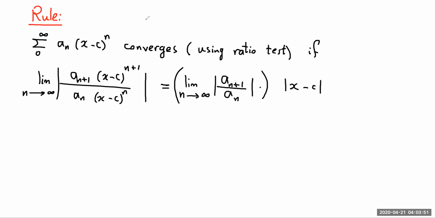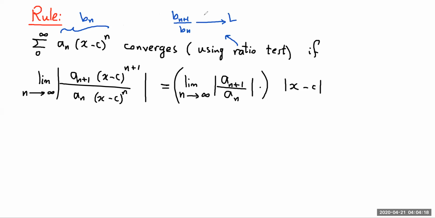If you remember, if we have a general term b_n, the condition was that the limit of b_(n+1) over b_n approaches a number L less than 1.